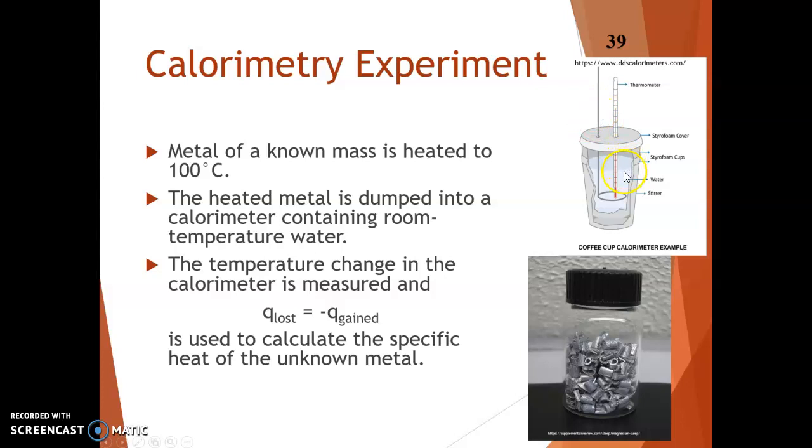Then we could dump it into this calorimeter and mix it around with the water in there. And what would happen is the heat from the metal, some of it would be absorbed by the water. So the temperature of the metal would go down and the temperature of the water would go up until they reached the same equilibrium temperature. And then we could calculate perhaps the specific heat of the unknown metal.